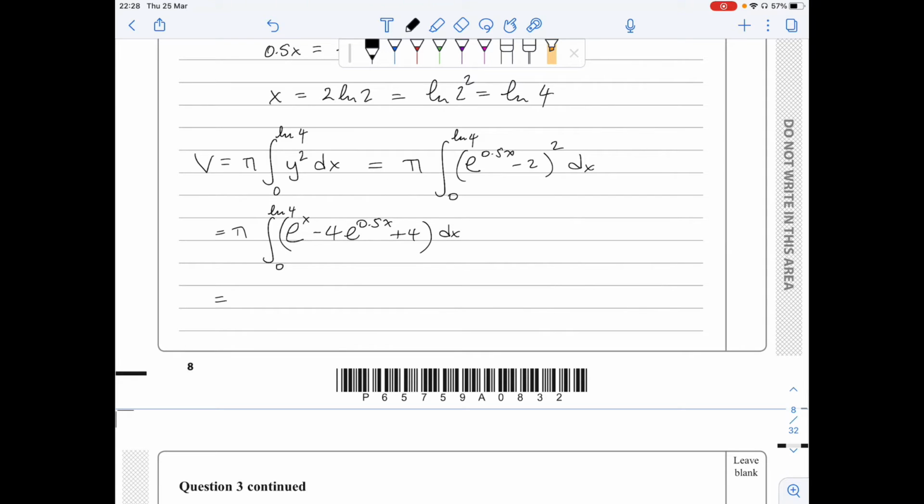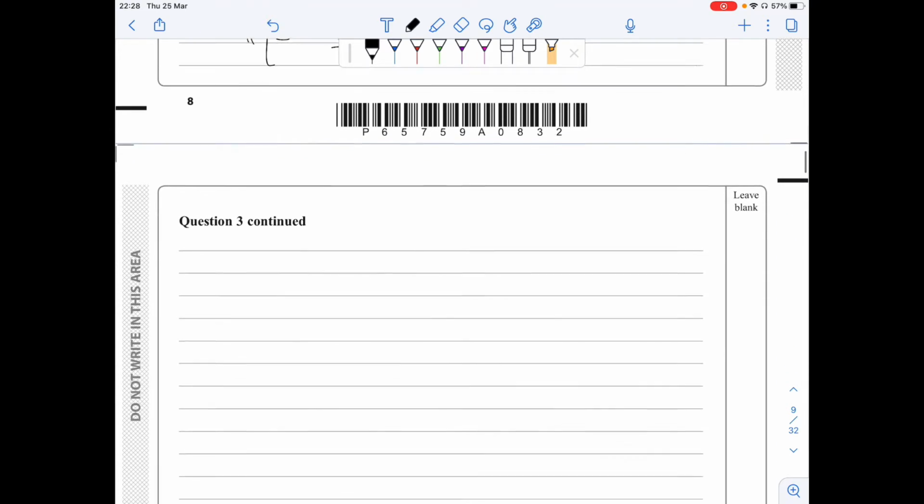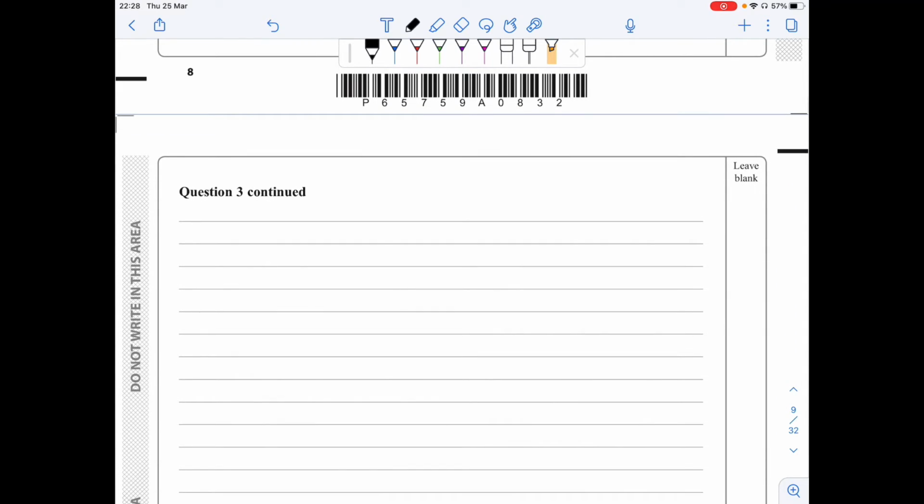And now I will integrate, this is e to the x minus 4e to the 0.5x over 0.5 plus 4x with the pi at the front and the required limits. So now I will substitute my limits.